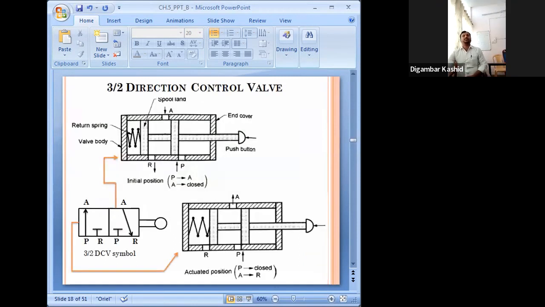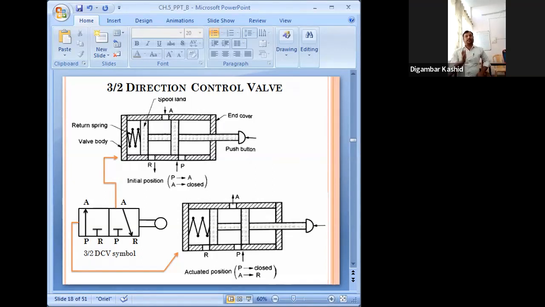Then 3/2 direction control. You can see P is the first port. Position number 1 is the initial position. P is not connected to A, but A is connected to R, sorry, that means the reservoir.